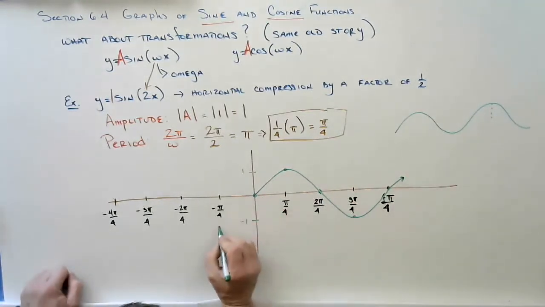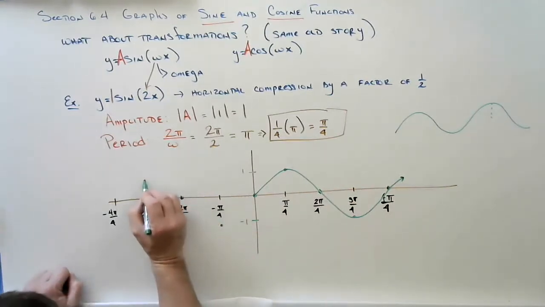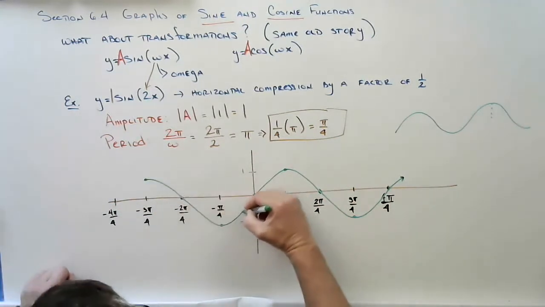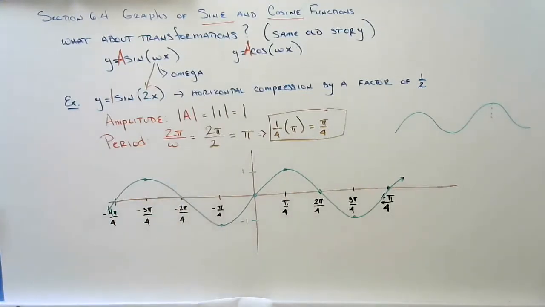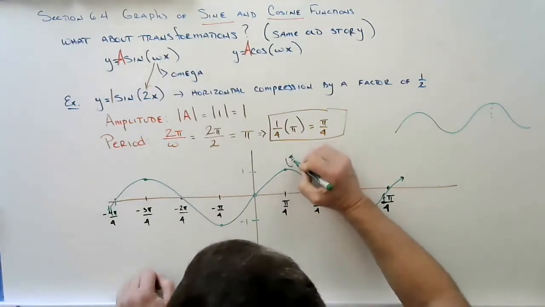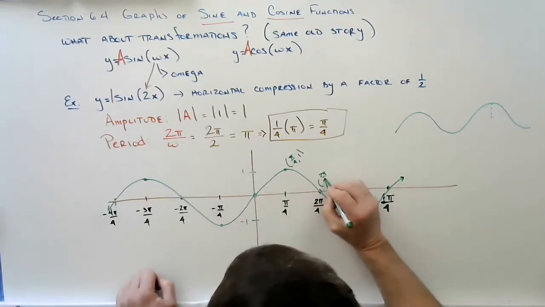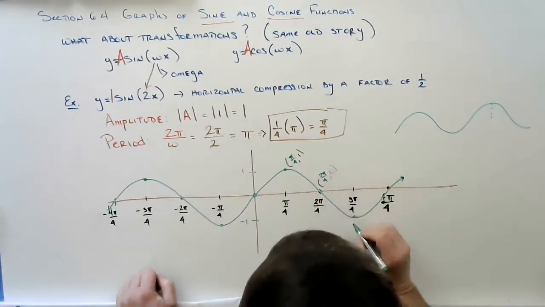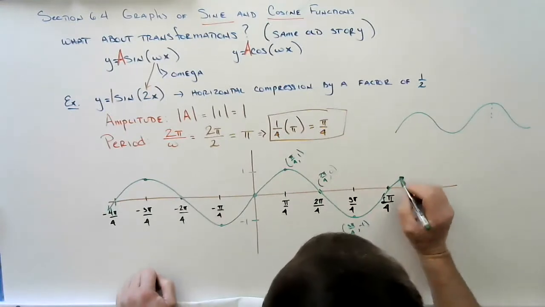Over here, we would be down here, negative. Then we're back to 0. Then we're up here at 1. Then we're back to 0. And we just connect our dots, and we've graphed sine. Now, on a test, we'd have to label these. So that's pi over 4, comma 1. That's 2 pi over 4, 0. Trust me, it's easier to stay that way. This is 3 pi over 4, -1.